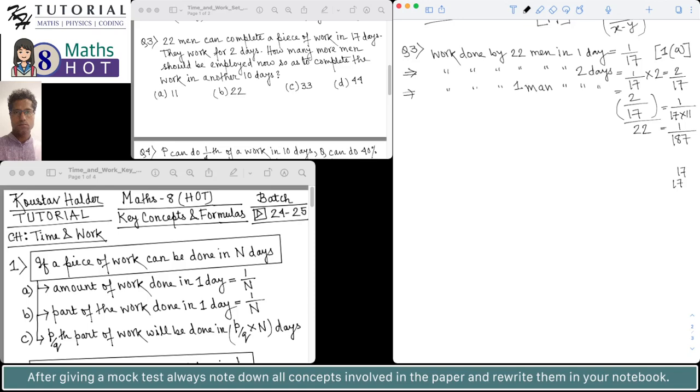So 1 by 187 is the work done by one man in 2 days. Now, how many more men should be employed so as to complete the work in another 10 days? How many more men?